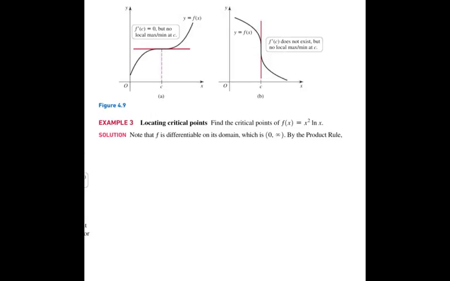Okay, so finding critical points. Find the critical points of f of x equals x squared times the natural log of x. To find the critical points, those are going to be where the derivative is either 0 or does not exist.